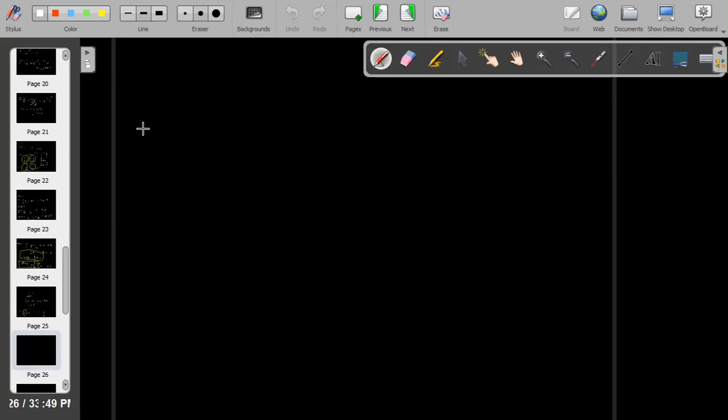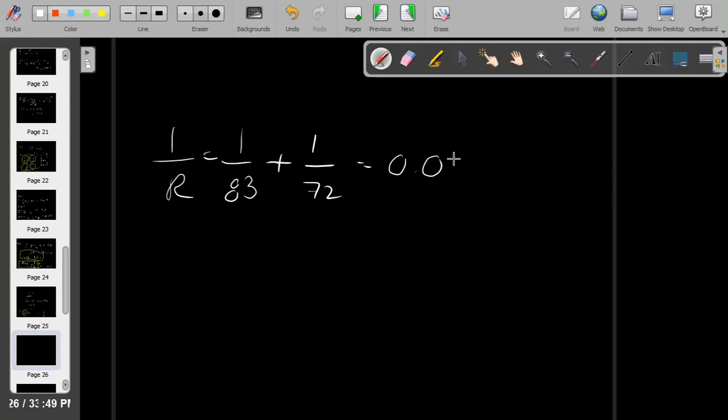Let's find the final resistance for this circuit. Because they were in parallel, we're going to be using this formula. So 1 divided by 83 ohms plus 1 divided by 72 ohms, and that is 0.026, 1 divided by ohms. And that makes the resistance total for the whole circuit to be 38 ohms.